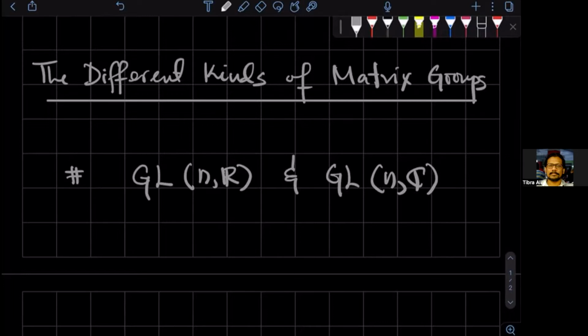How are they defined? Say, for example, how is this group defined, GL n R? Anyone?